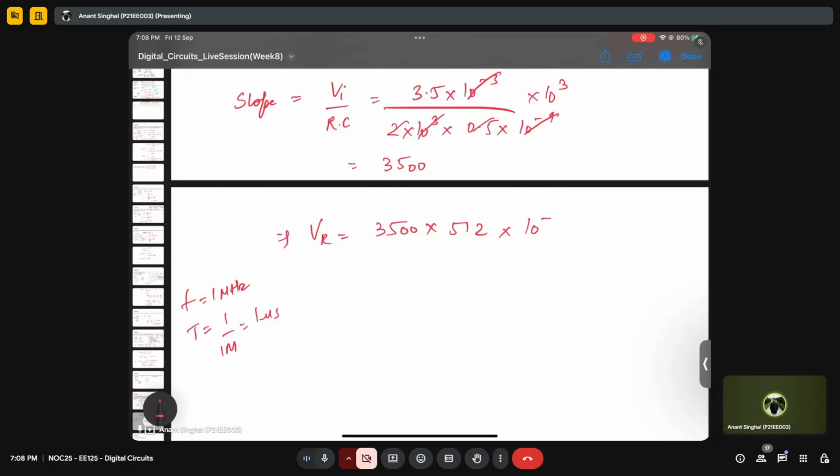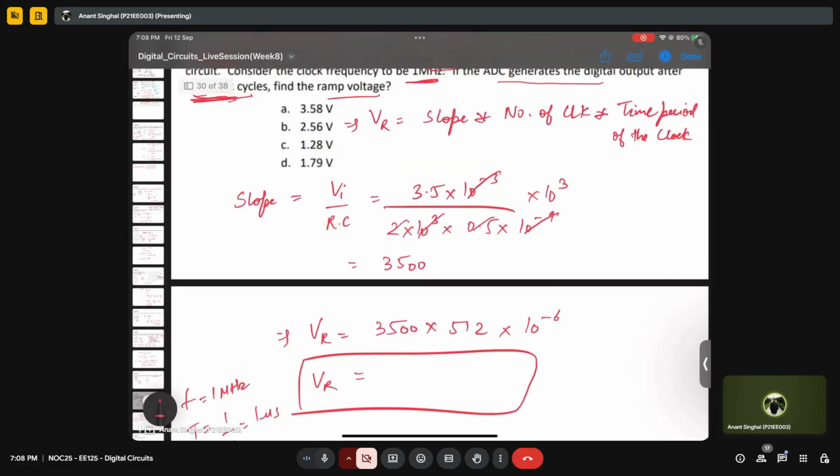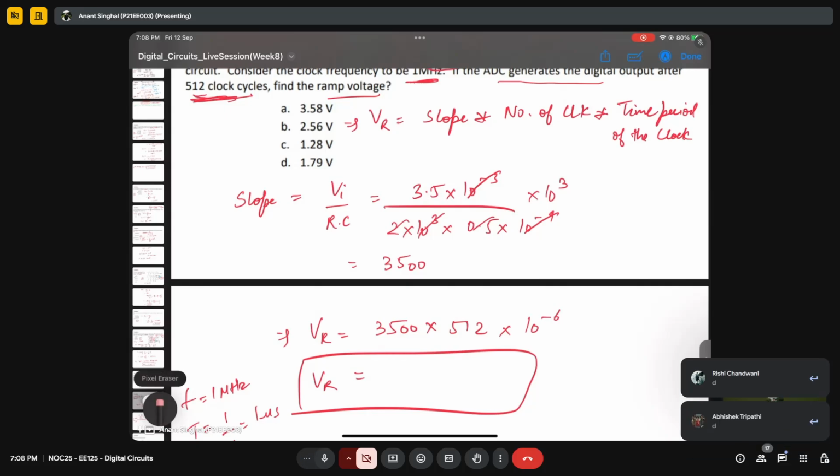We just need to calculate this, and that will be our answer. Can someone quickly calculate and let me know? It should be half of 35, that is 17. I think it should come out around 1.79, which is option D.